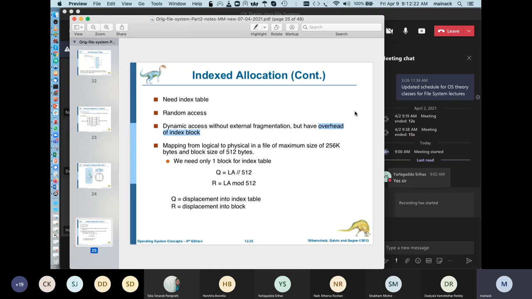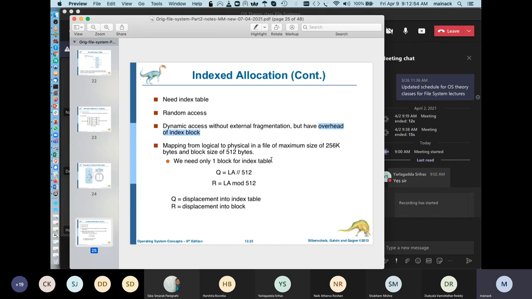But let's assume that you are using indexed allocation, because now we understand the basic ingredients: contiguous allocation, linked allocation, and now indexed allocation of blocks to a file. Assume that in the operating system, a file can have a maximum size of 256K bytes and the block size is 512 bytes.